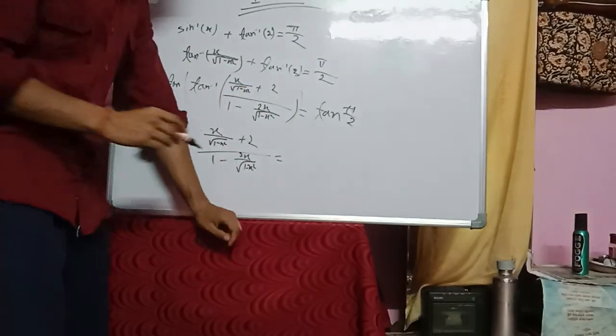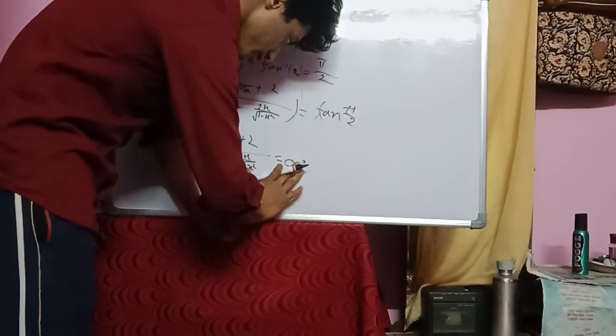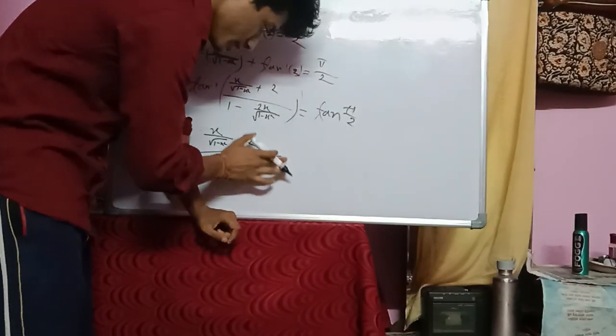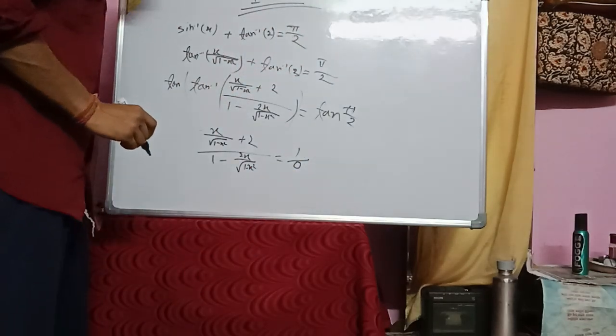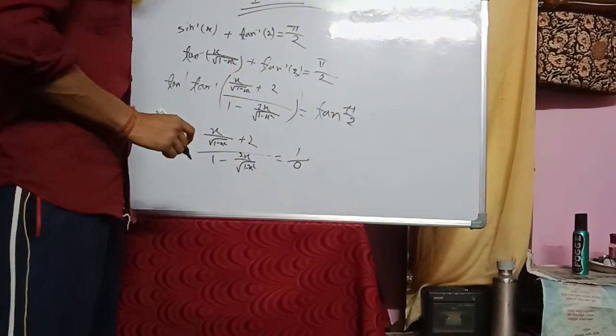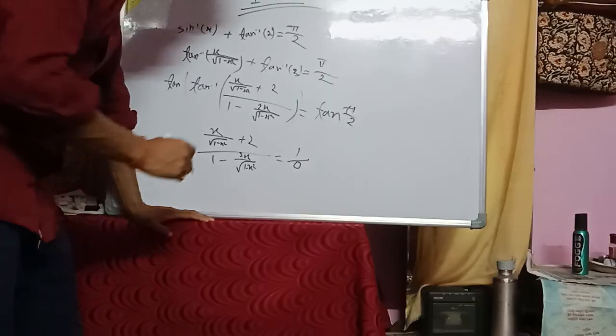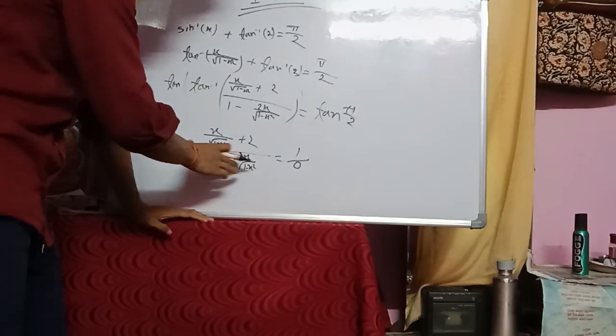Tan of 5π over 2 is infinity, and then we will rewrite this as 1 over 0. Now what we are going to be doing is multiplying both sides by the denominator here.